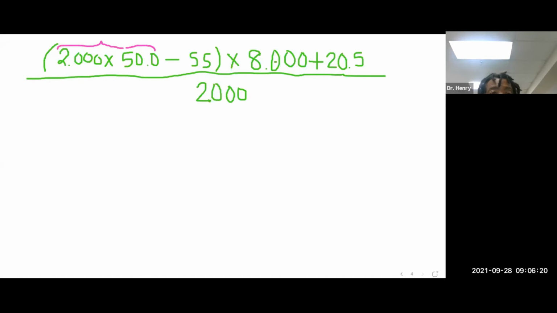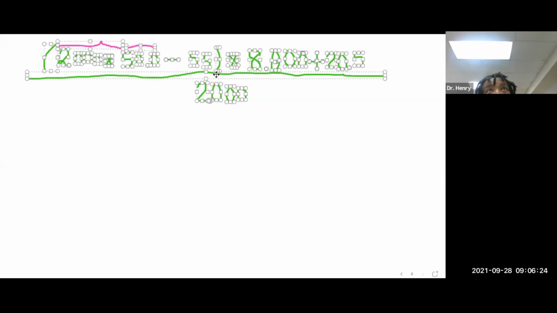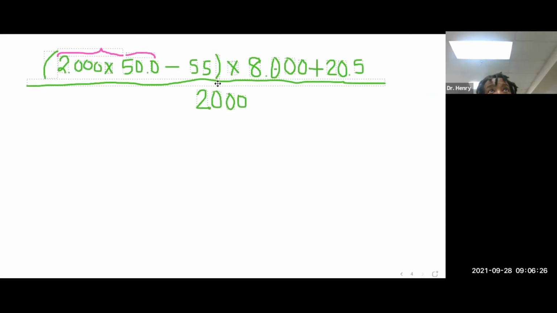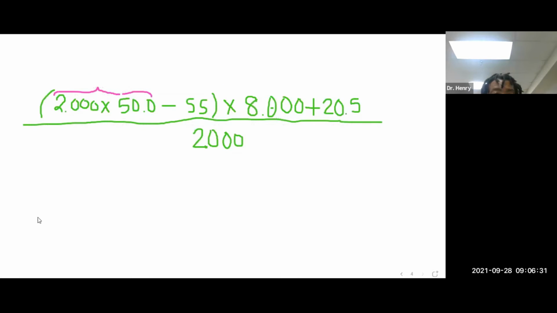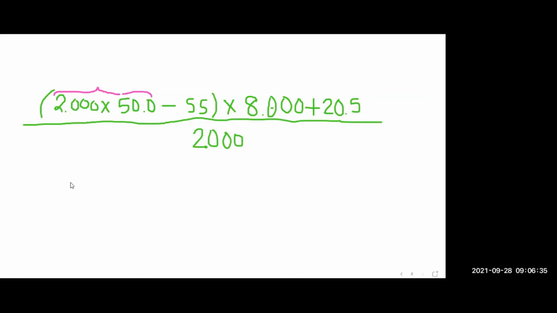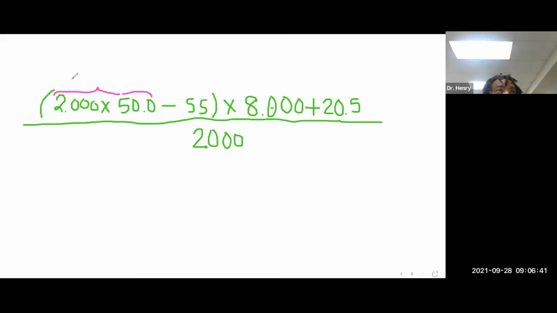One sig fig, 7 sig figs, 25 sig figs? 3. Okay. So we get 3 sig figs. So this is 100. So that's 3 sig figs, right? With the decimal.